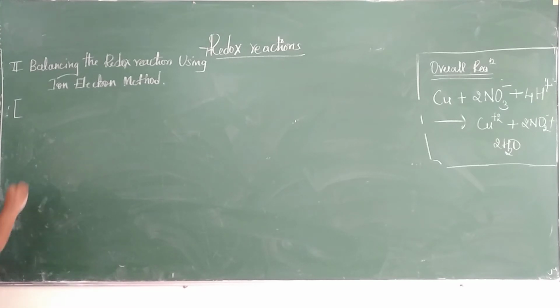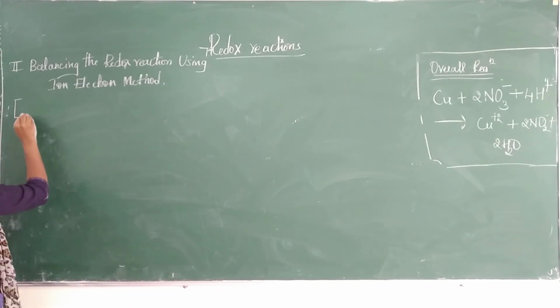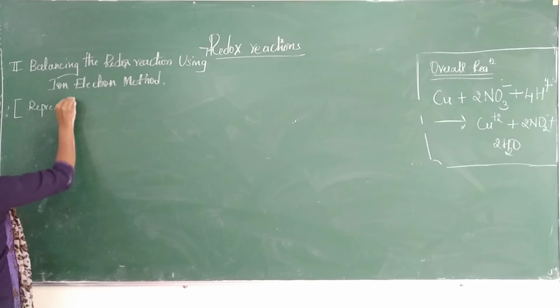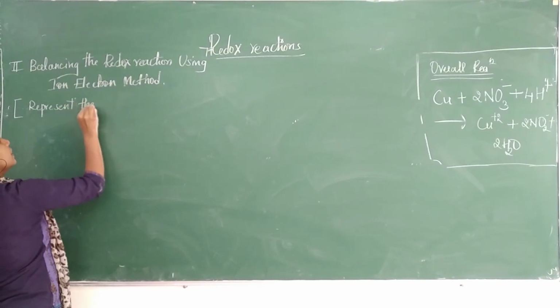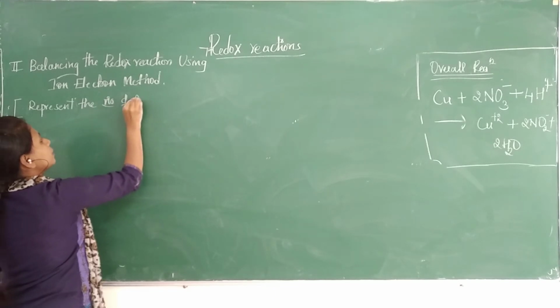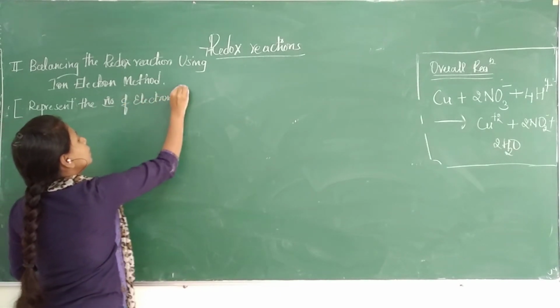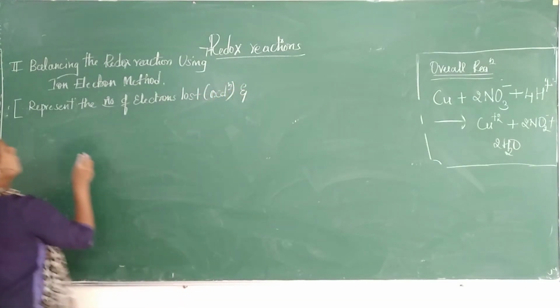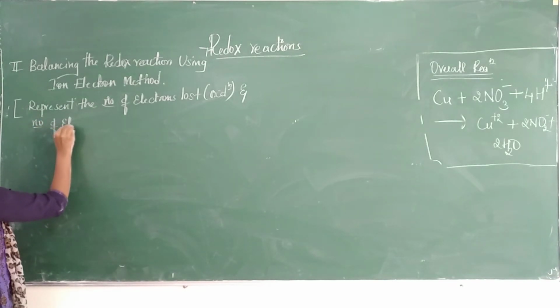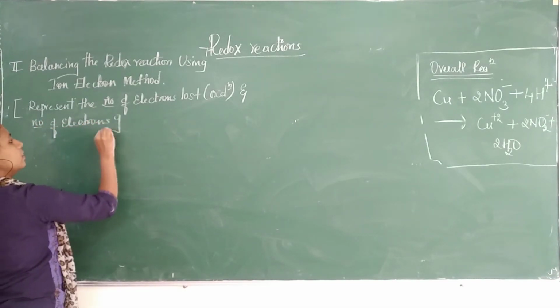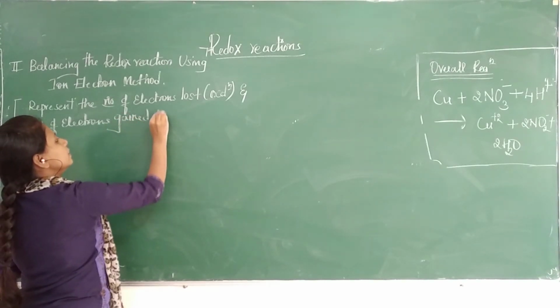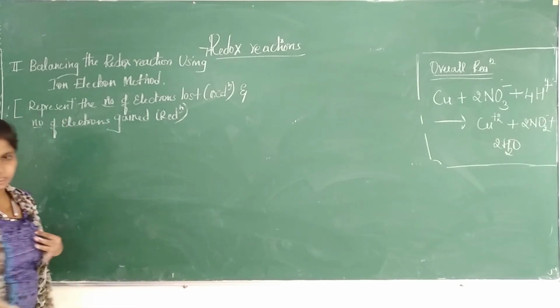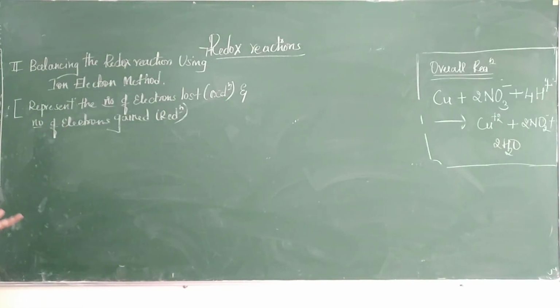Here you have to represent the number of electrons lost, which means it is an oxidation, and the number of electrons gained, which means it is a reduction reaction.